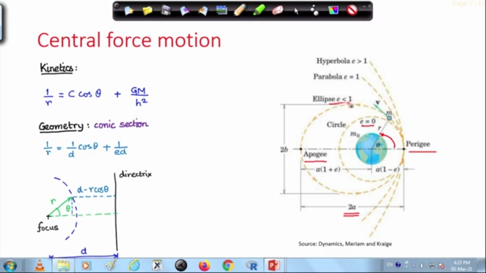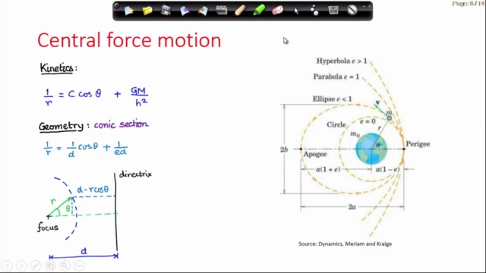This is for epsilon less than 1. For parabola, epsilon equal to 1, it is an unbounded orbit. Hyperbola, epsilon greater than 1, or E greater than 1, gives us the hyperbolic trajectory. The trajectories are therefore categorized by the eccentricity E.